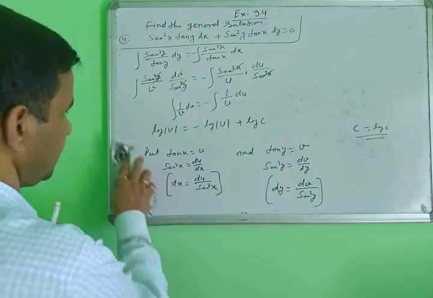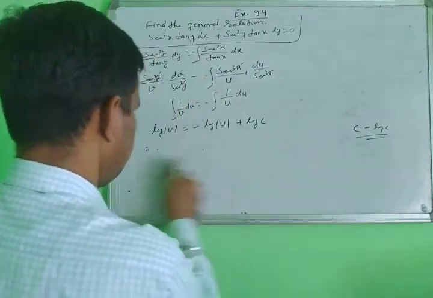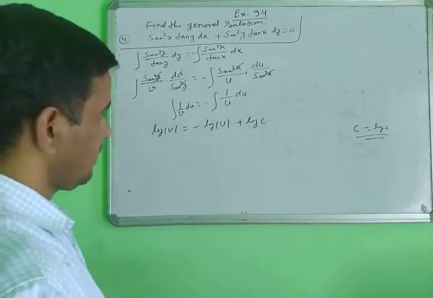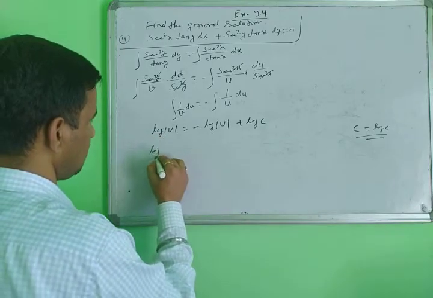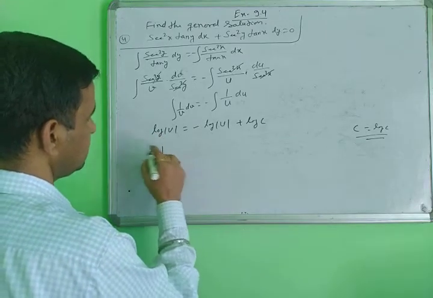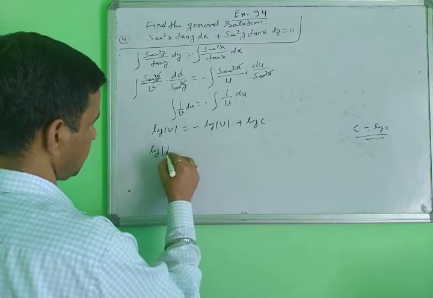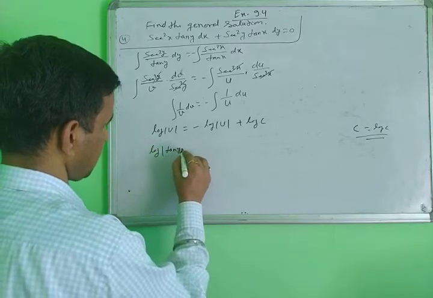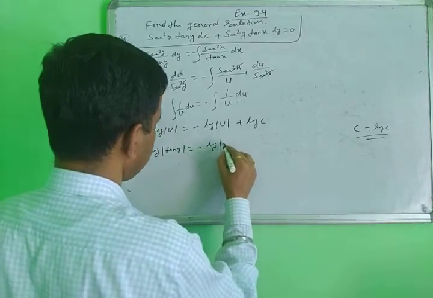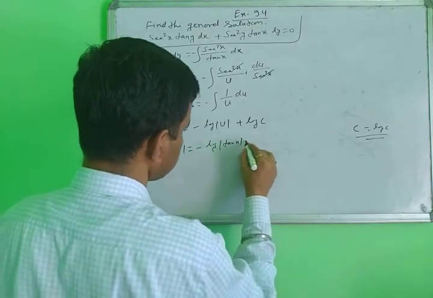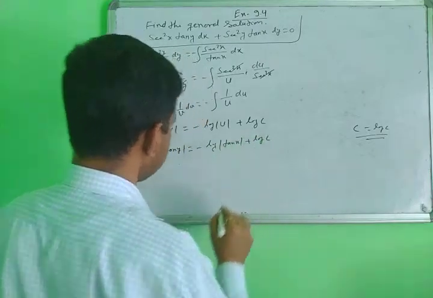After that, substitute the value of log v: log tan y equals minus log tan x plus log c.